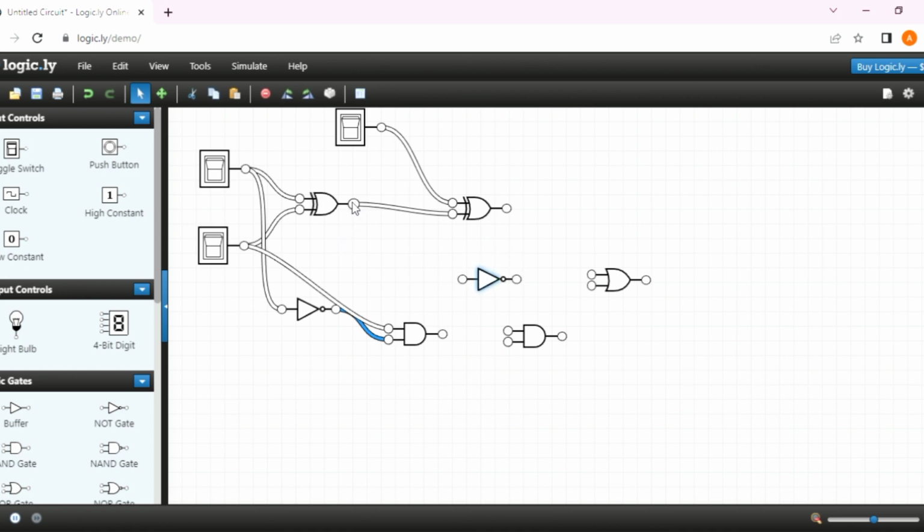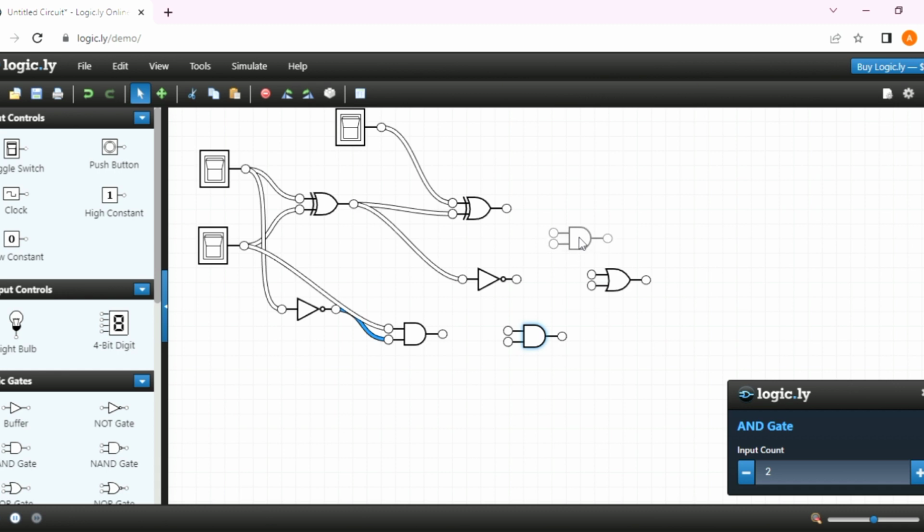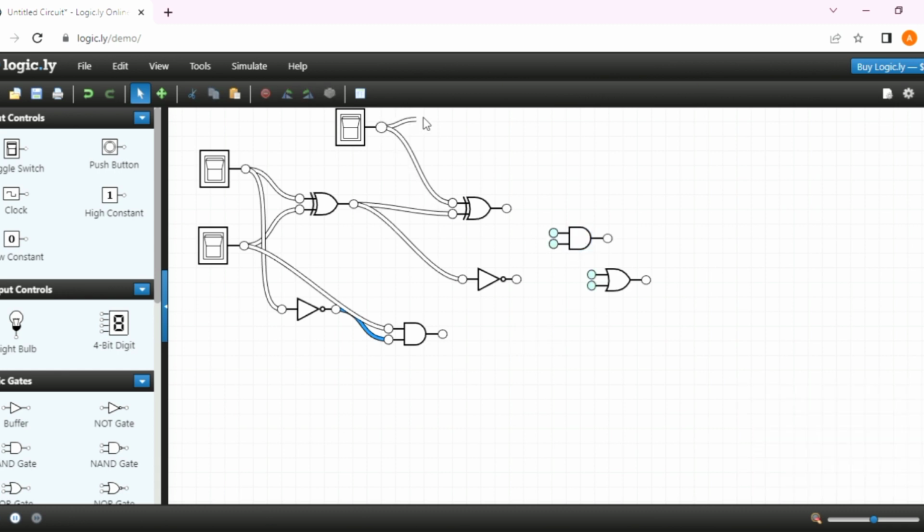And the output of the first XOR gate is connected to the second NOT gate. The third input is connected as one of the inputs to the second AND gate, and the other input is the output of the second NOT gate.